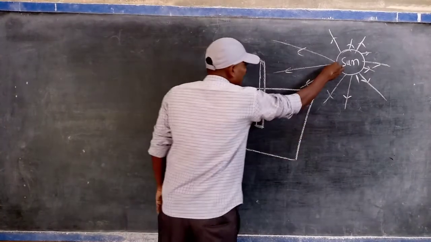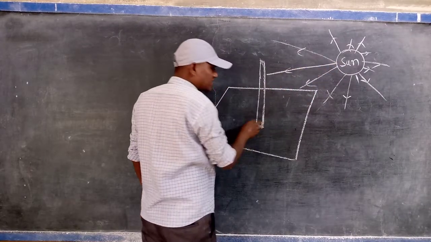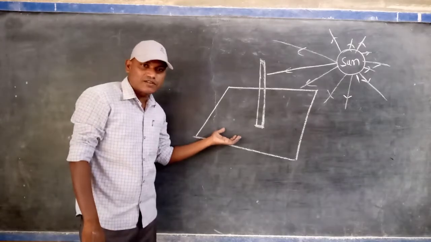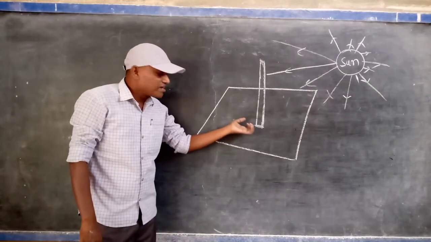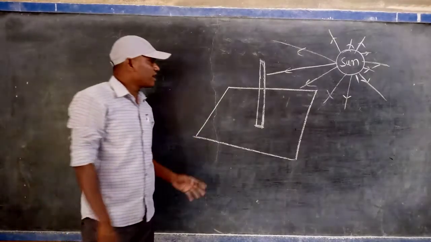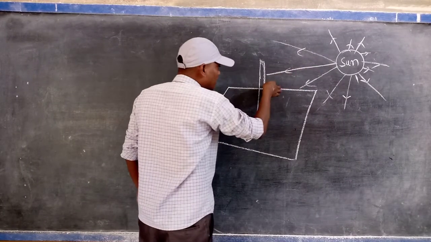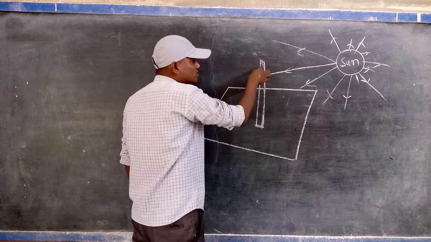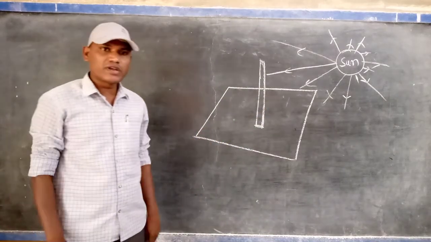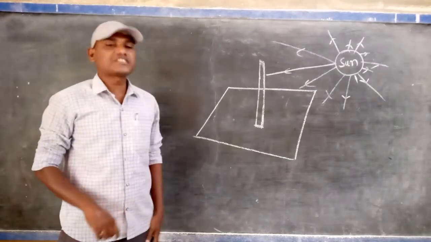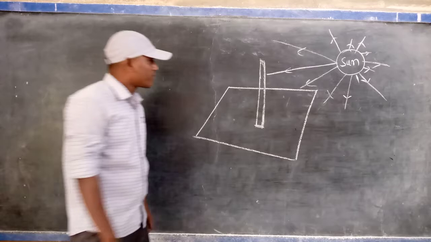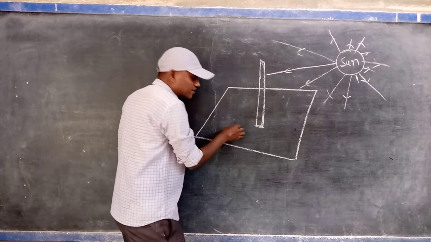When the light falls onto this stick, which is made of wood or iron, it is an opaque object and does not allow the light to pass. So when the light comes from the sun and falls onto the stick, a shadow is formed on the opposite side. You also know that when you stand opposite to the sunlight, your shadow is formed behind us. That's why this shadow will be formed here.